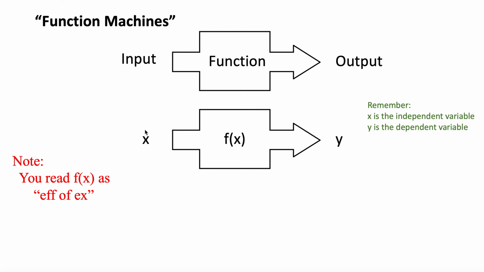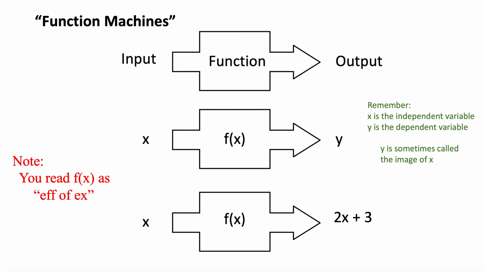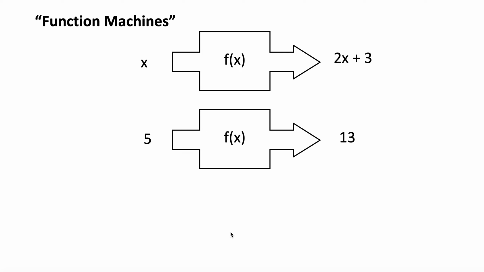Remember, we call x the independent variable because we can change this to whatever we want. y is the dependent variable because it's determined by what x is. y is also sometimes called the image of x. So in this example case, we've got y equals 2x plus 3, or f of x equals 2x plus 3.